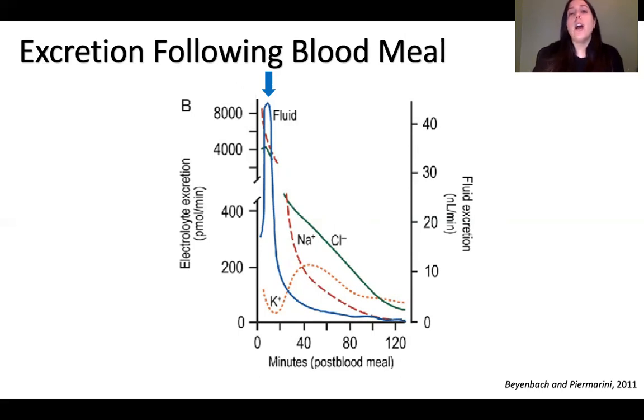Therefore, excretion of fluid has already begun before the blood meal has actually ended. So the mosquito is excreting during blood feeding. It's happening very rapidly. We also have rapid excretion of ions, such as sodium, chloride, and potassium, which are all beginning to be excreted during the blood meal, and then showing a rapid decrease following the blood meal.